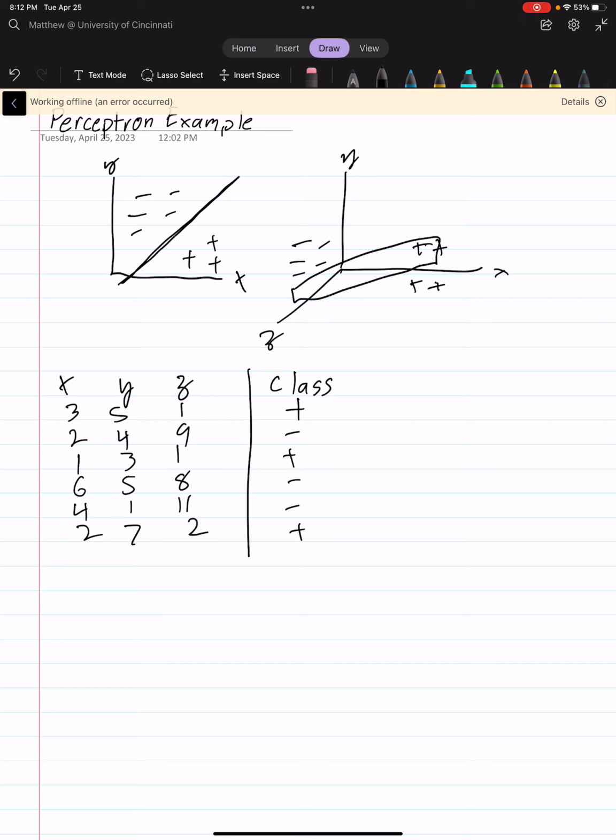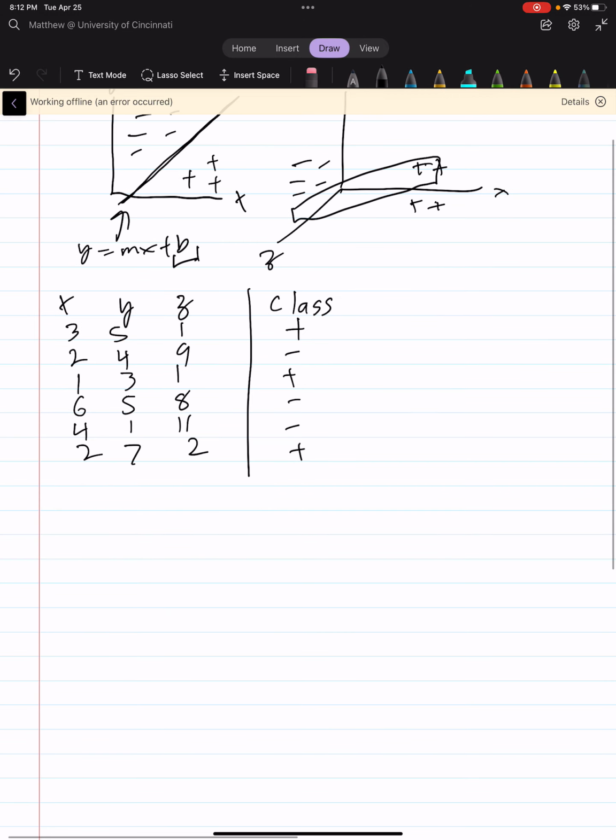Now, when we look at this line, this is going to be important in a second. We have y is mx plus b. That is our line. In the examples he's given, they've all basically been 3 predictors, so we've had an x, y, and z. You also have this b, and to find this b, our goal is to find the weight vector that can predict the x vector.